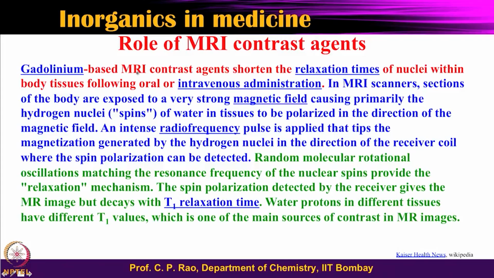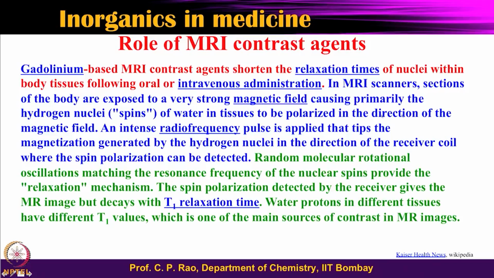Therefore, gadolinium reagents will shorten the relaxation times, particularly T1, of some of the nuclei in the body tissue where the gadolinium is attached. So, you get a differential way of imaging the tissue, when you do intravenous or other kinds of administration.